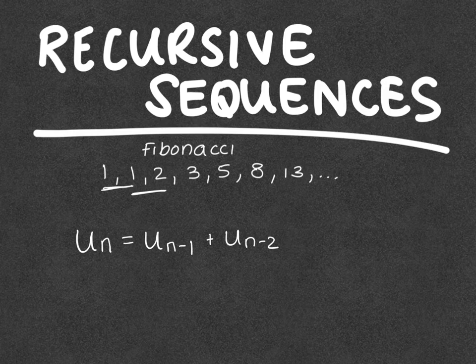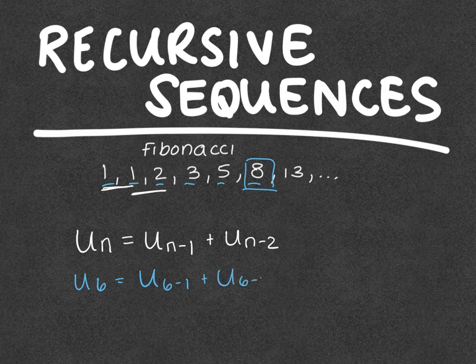So for my Fibonacci sequence, if I wanted to find the sixth term, which we see right here is 1, 2, 3, 4, 5, 6. So this term right here, I would then take my n minus 1, so 6 minus 1, plus 6 minus 2. So my sixth term would be equal to my fifth term plus my fourth term.